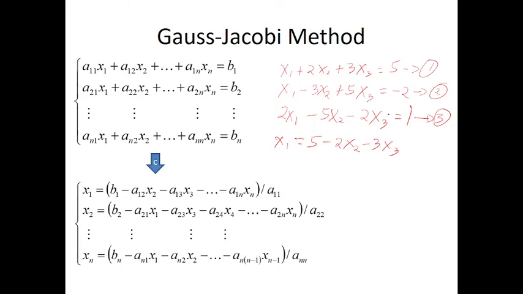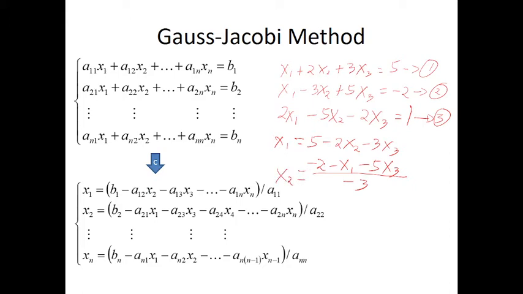For equation 2, x sub 2 will be expressed in terms of x1 and x3. So we have negative 2, transposing x1, minus x1, and then minus 5x3. Then there's negative 3 here, so we divide by negative 3.